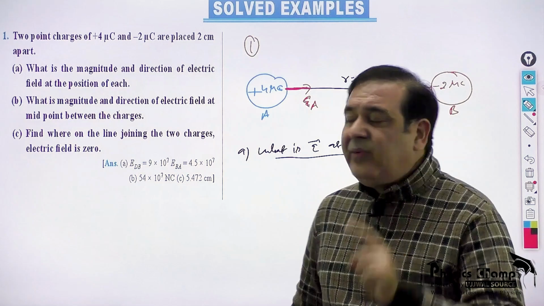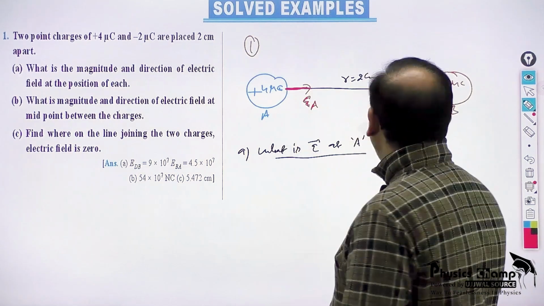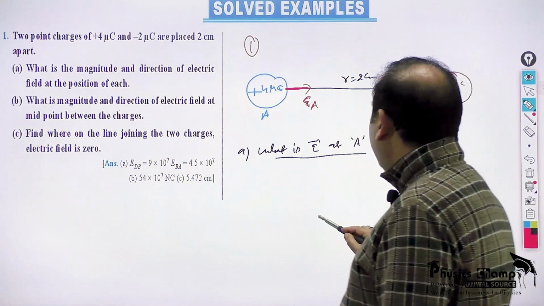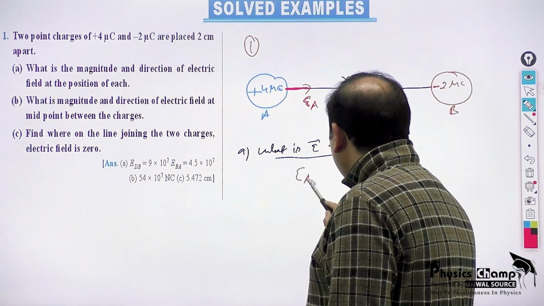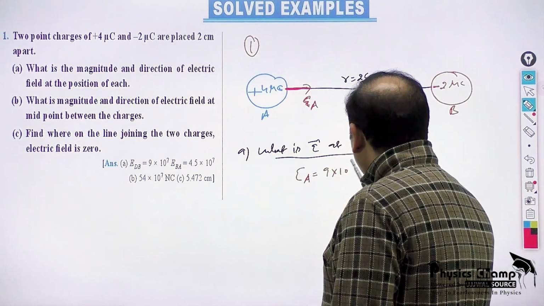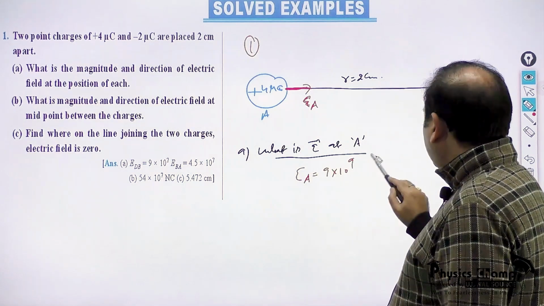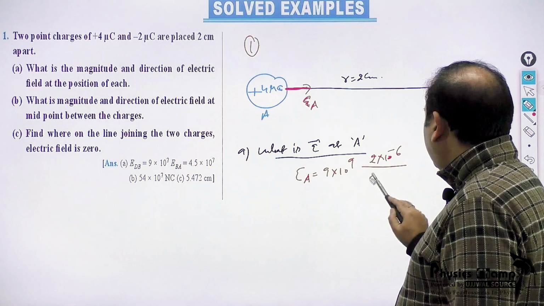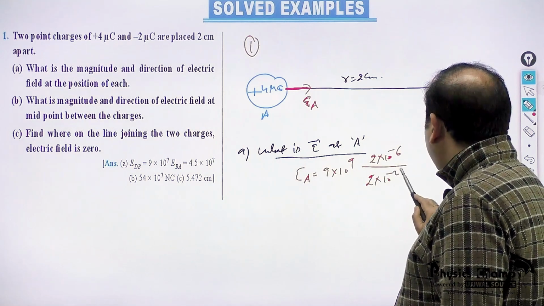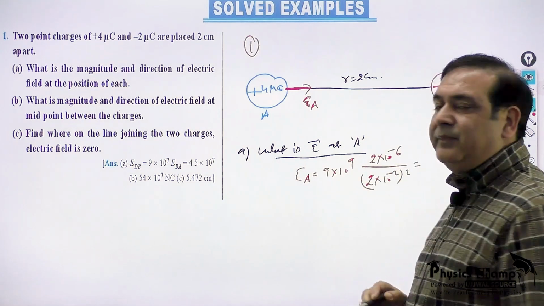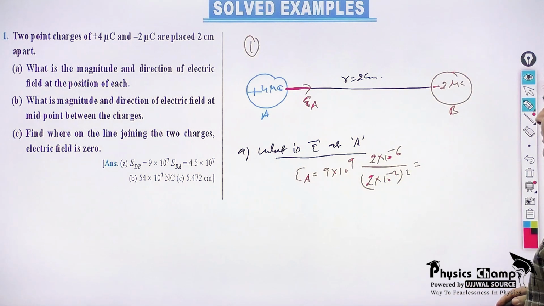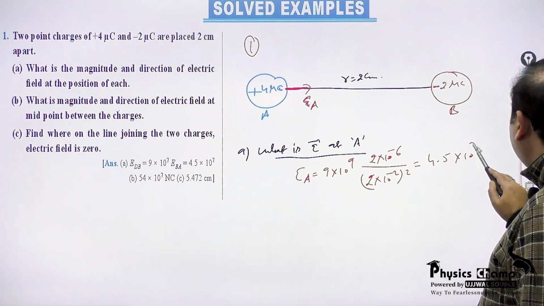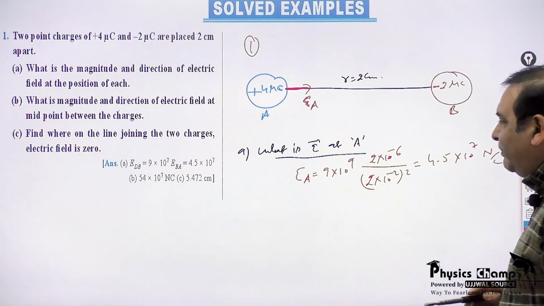If electric field exists at A, it is only due to the charge at B. So electric field at A will be 9 into 10 to the power 9 into 2 into 10 to the power minus 6 divided by 2 into 10 to the power minus 2 square. So we are getting it as 4.5 into 10 to the power 7 Newton per Coulomb.